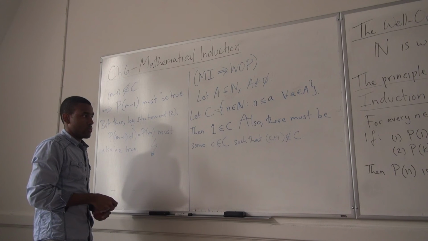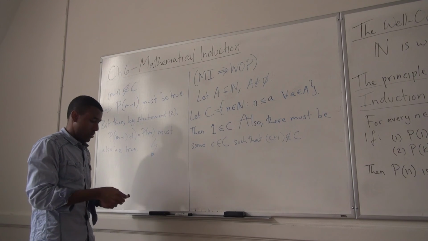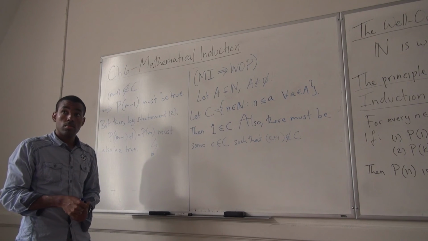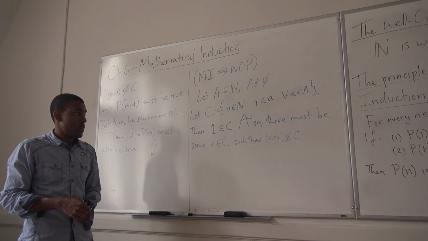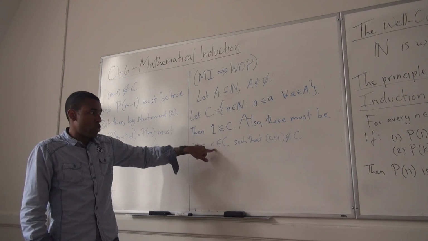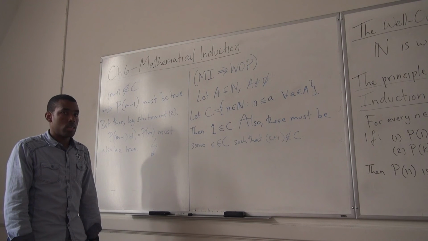Second part of the mathematical induction. I'm saying there has to be some integer in C such that when I add 1 to that integer, I get something that's not in C. Why not?